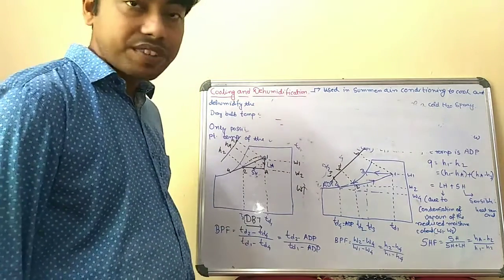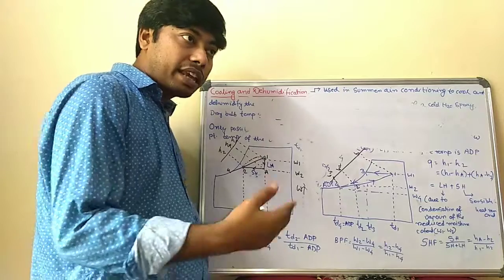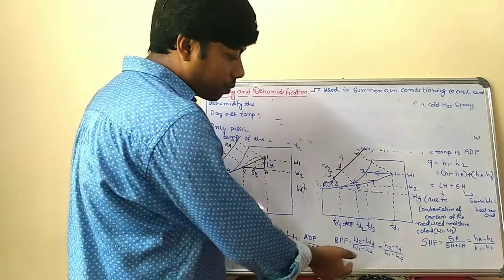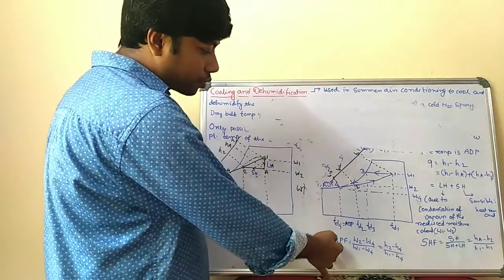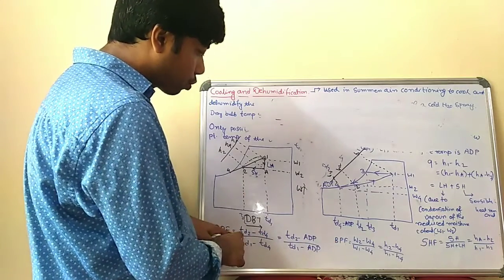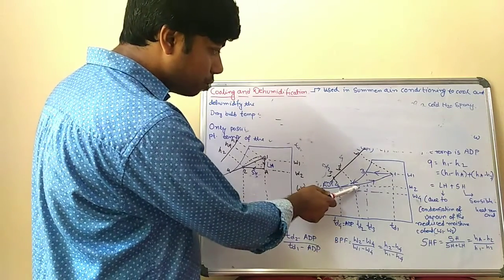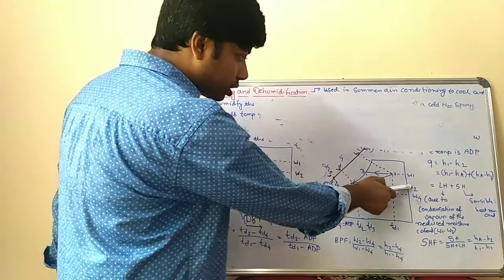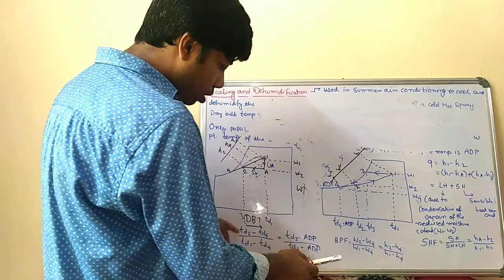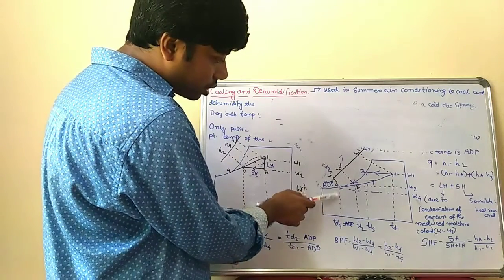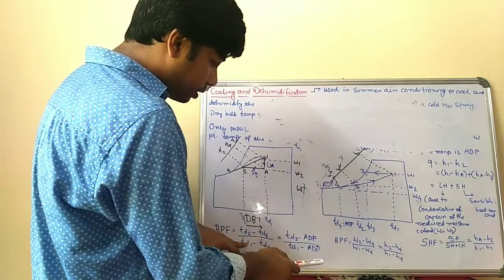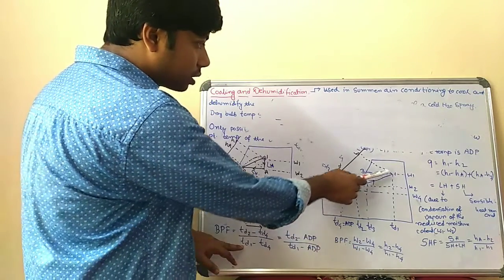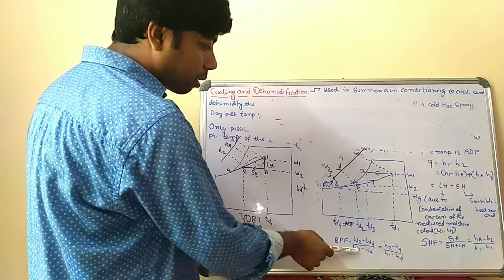The bypass factor can also be written as a function of specific humidity or in terms of enthalpy. So this is TD2, the 2 point, with corresponding specific humidity W2. This is TD4 with corresponding W4, and this is TD1, the 1 point, with corresponding specific humidity W1.